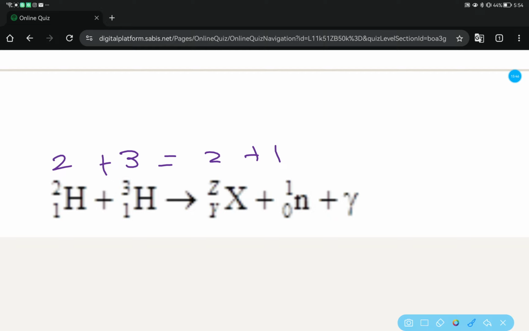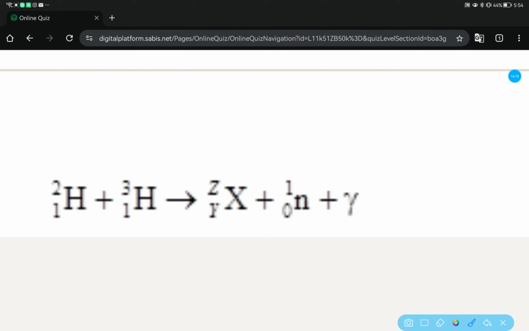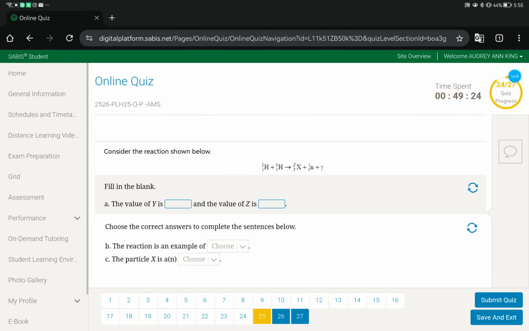So you basically get Z as 4, sorry, you don't get Z as 4, you get Z as 2, and you get 1 plus 1 equals Y plus 0, so you get Y as 4. Sorry, I got them mixed up for a second. So let's just write that down. Z is 2 and Y is 4.